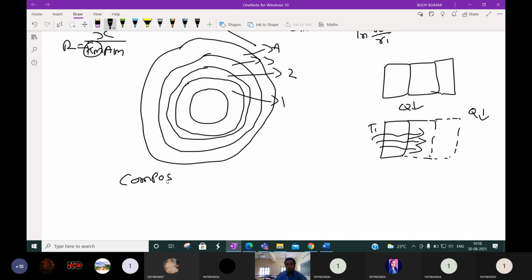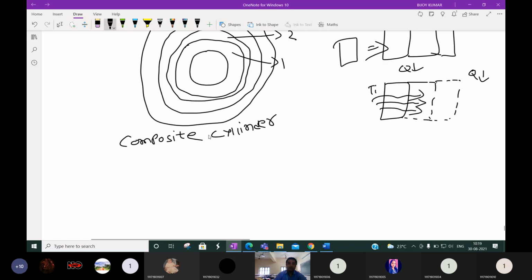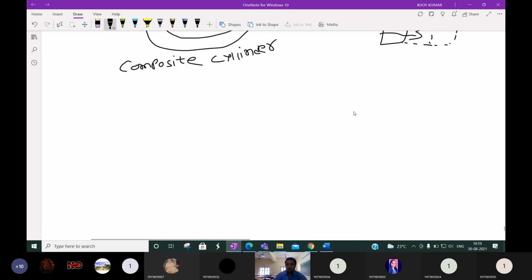Okay, these things you know already, called a composite cylinder. Like the plain wall and cylindrical wall, this is a plain wall, this is a composite wall. Like this was a plain cylinder and this is the composite cylinder. So in case of a plain wall, what will be the Q value?